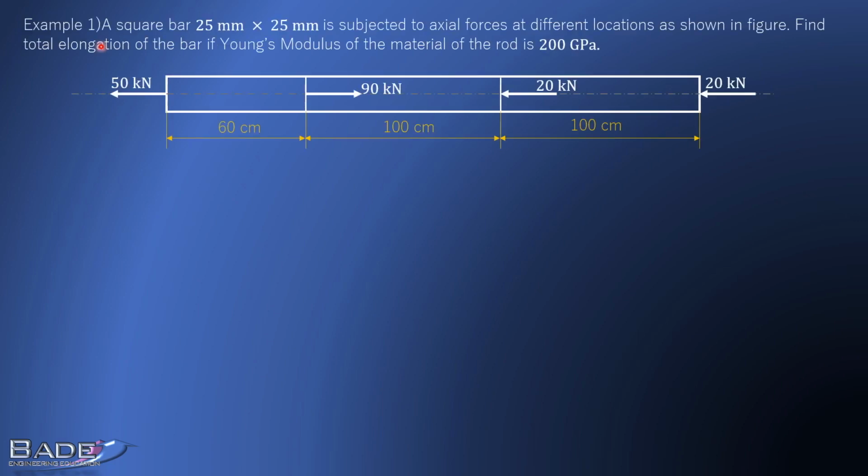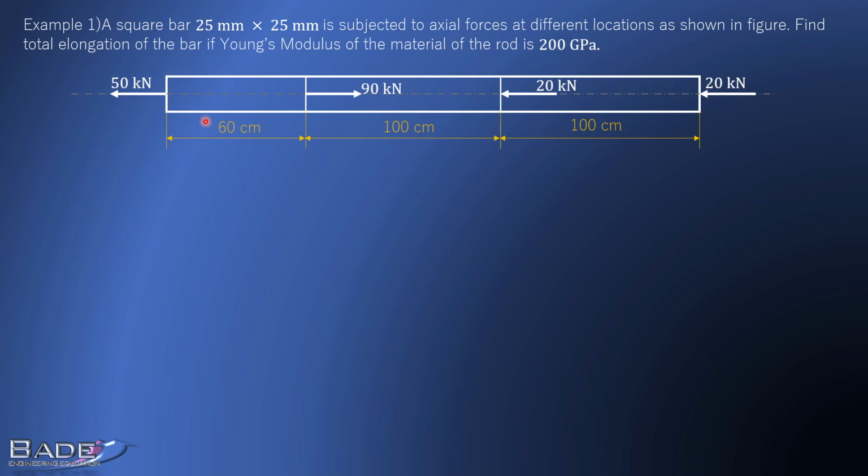A square bar 25 millimeters by 25 millimeters is subjected to axial forces at different locations as shown in the figure. Find total elongation of the bar if Young's modulus of the material of the rod is 200 GPa. So actually it is one single bar.